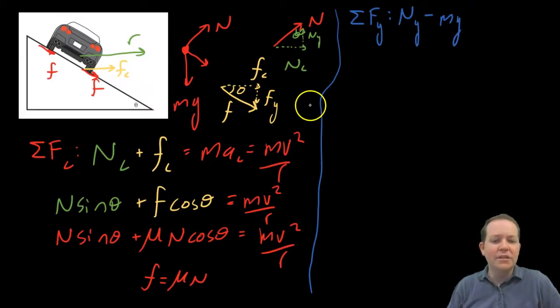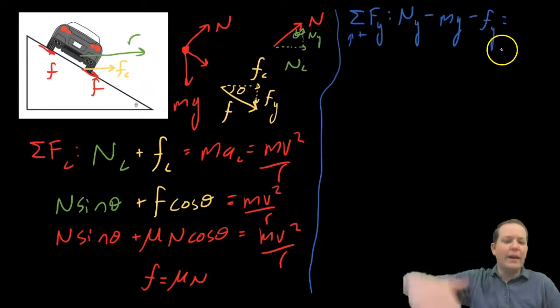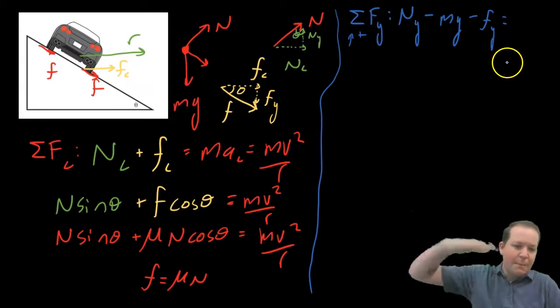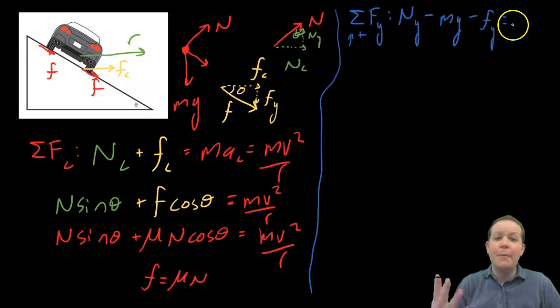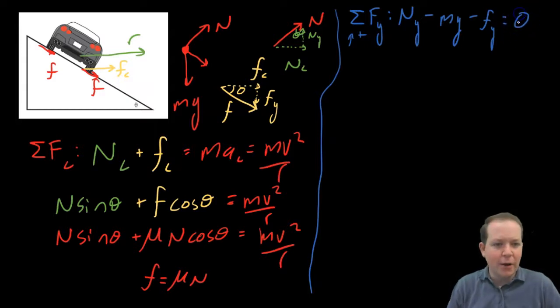Would I add or subtract Fy? I would subtract. If I'm saying that upwards is positive, minus Fy. If the car isn't accelerating up or down, it's not sliding down the ramp, it's moving in this nice circular arc, well, that would end up equaling ma in the y direction, or 0. What's the component of N in the y direction? That's the adjacent side.